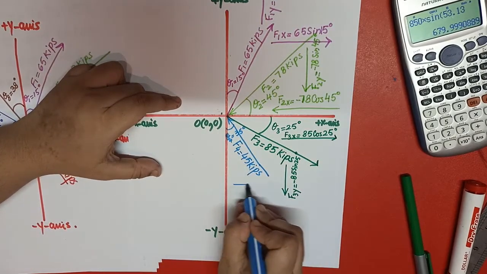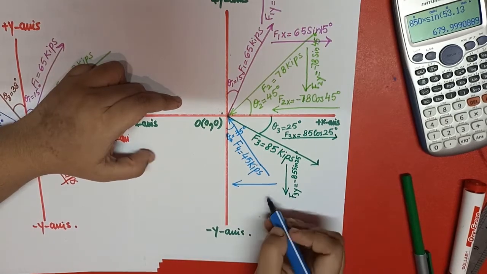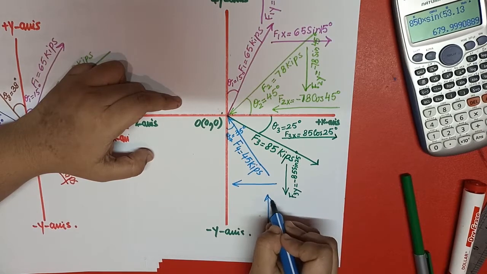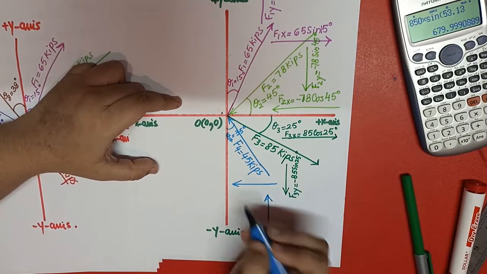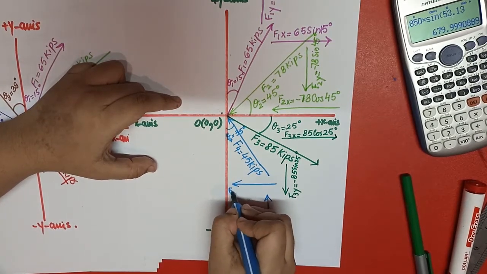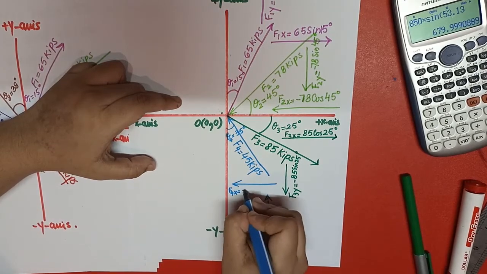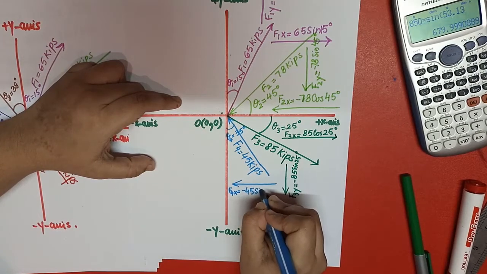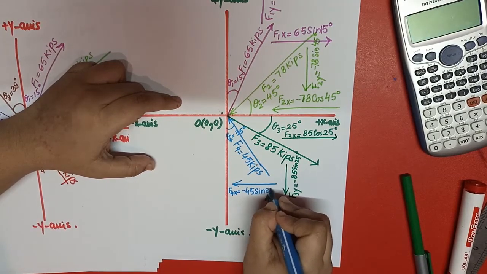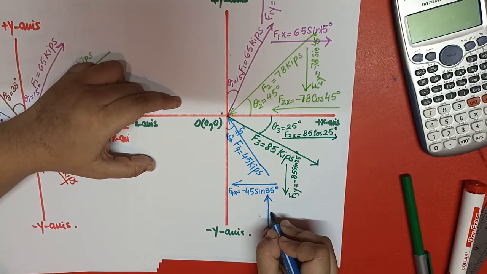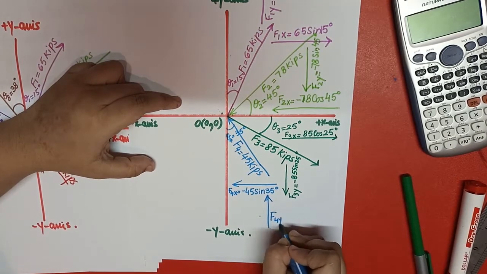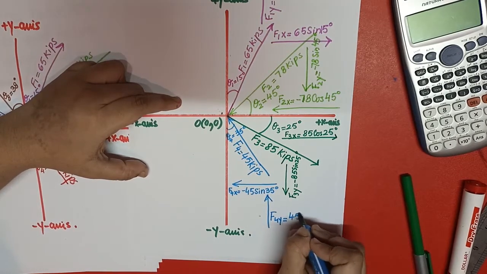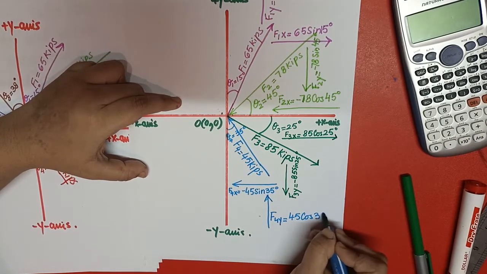F4x is equal to minus 45 sin 35 because the angle is attached with the negative y-axis, and F4y is the positive one because it is in the upward direction, so 45 cos 35 degrees.